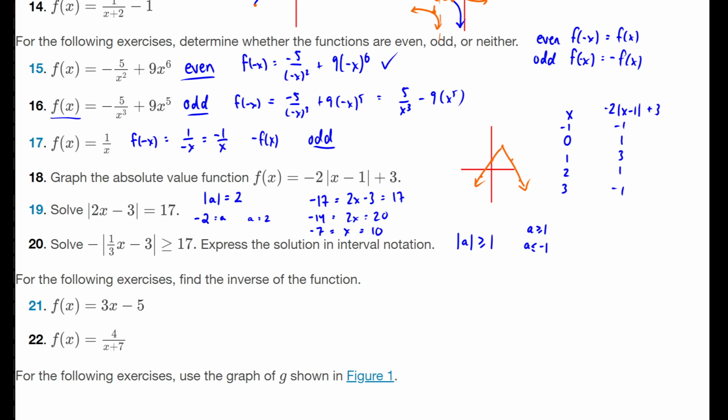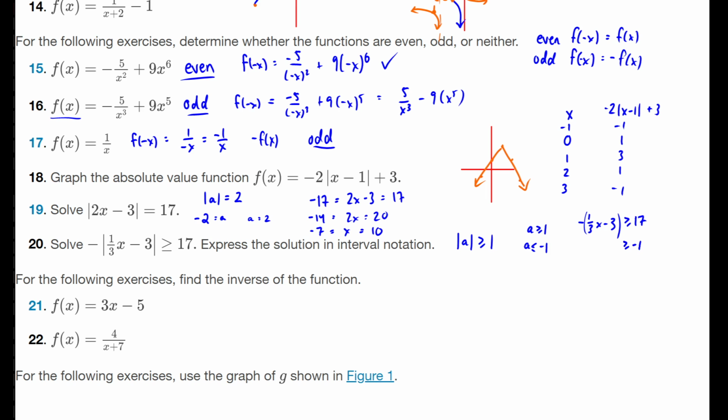So, in terms of doing this problem, we're going to say that the negative 1/3 x minus 3 is going to be greater than or equal to 17, and it's also going to be less than or equal to negative 17. So we'll deal with that one after.